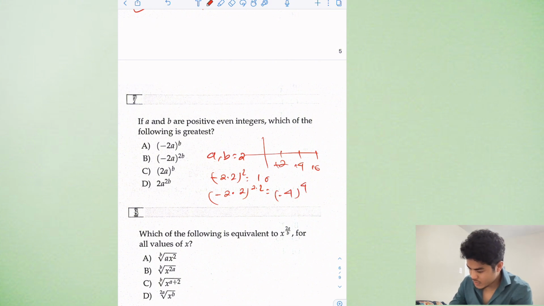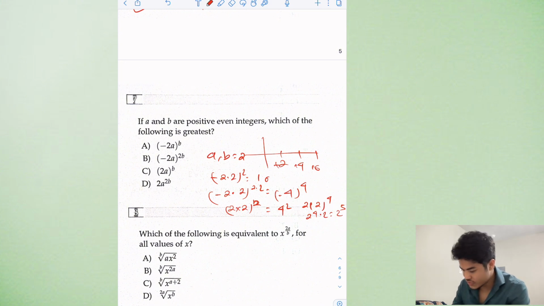The next is 2 into 2b, which is 2 raised to 4, and 2 into 2 to the 4 is 2 raised to 5th. All right, and this looks like the biggest one right here. So our final answer is number B.